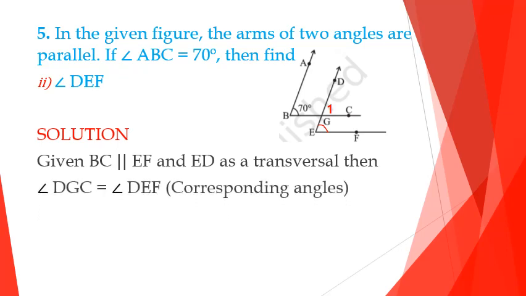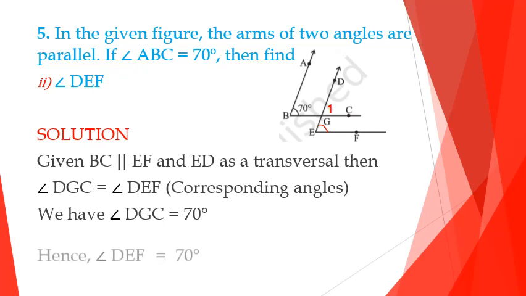That is, angle DGC equals angle DEF, because they are corresponding angles and the given lines are parallel. Hence, angle DEF equals 70 degrees, because we already found angle DGC equal to 70 degrees. Angle DGC and angle DEF are equal. Hence, angle DEF equals 70 degrees.